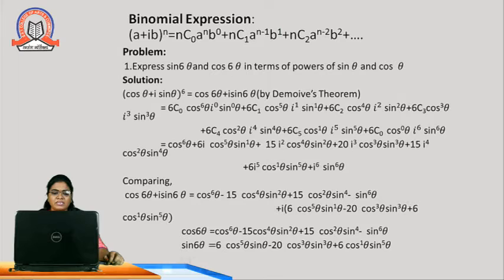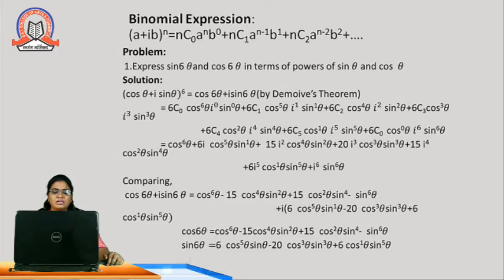Substituting that, finally we get cos 6θ + i sin 6θ = cos^6 θ - 15 cos^4 θ sin^2 θ + 15 cos^2 θ sin^4 θ - sin^6 θ plus the imaginary part i times (6 cos^5 θ sin θ - 20 cos^3 θ sin^3 θ + 6 cos θ sin^5 θ).